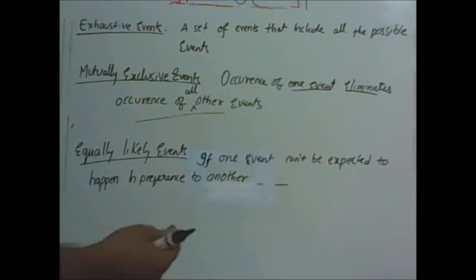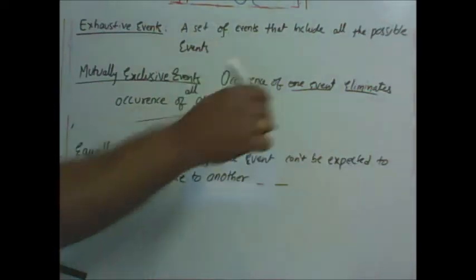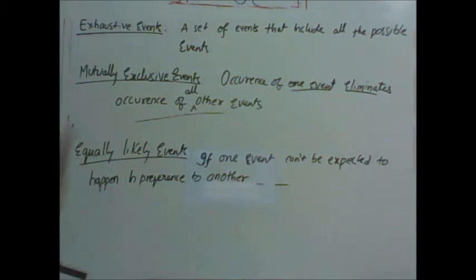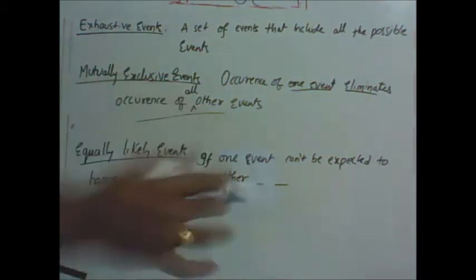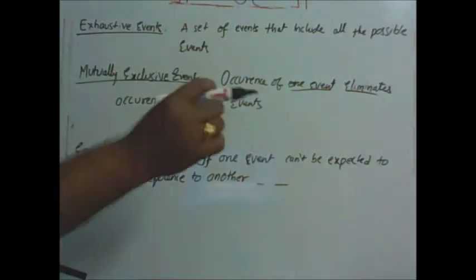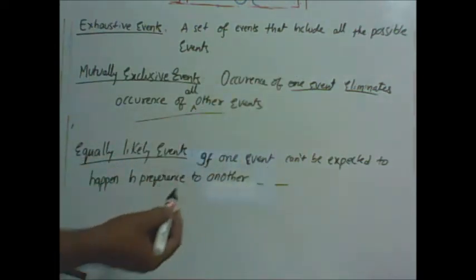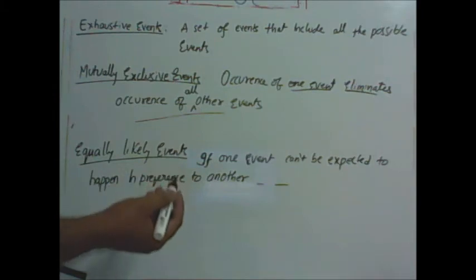Or equally likely events. So when there are 2 or 3 or 4 or any number of outcomes possible for a given experiment, we cannot say that a particular event can occur more times than another. I mean, there is no preference. We cannot give any particular preference to one event. Every event that can happen has the same, equal preference.